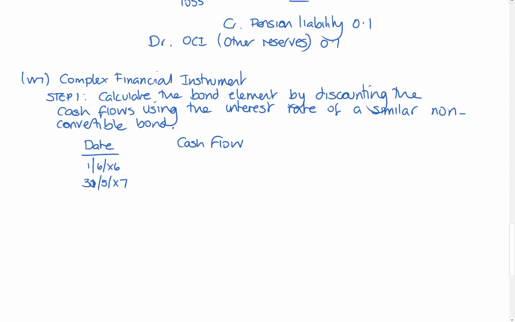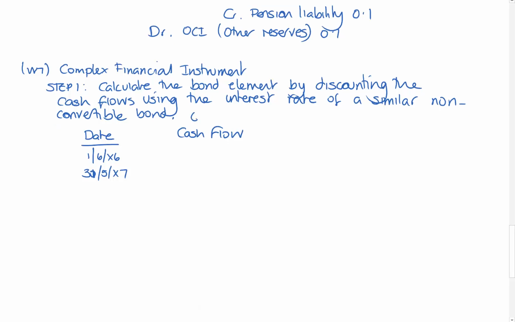What is that cash flow going to be? We are told that we are paying interest at 6%. Yeah, 31st of May. So that cash flow works out as 1.8 million.